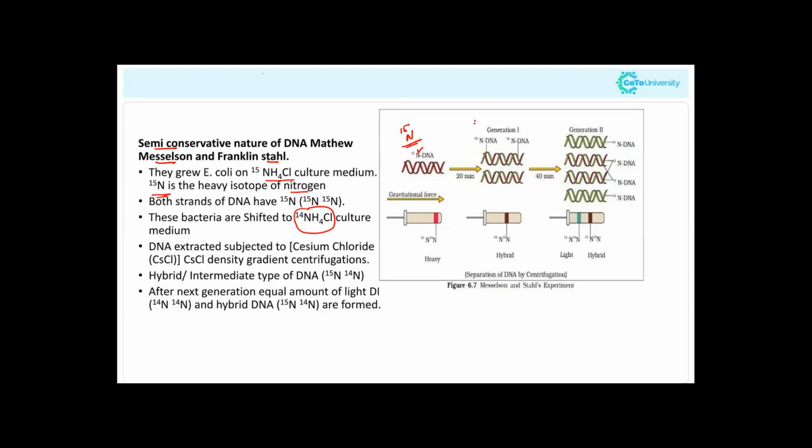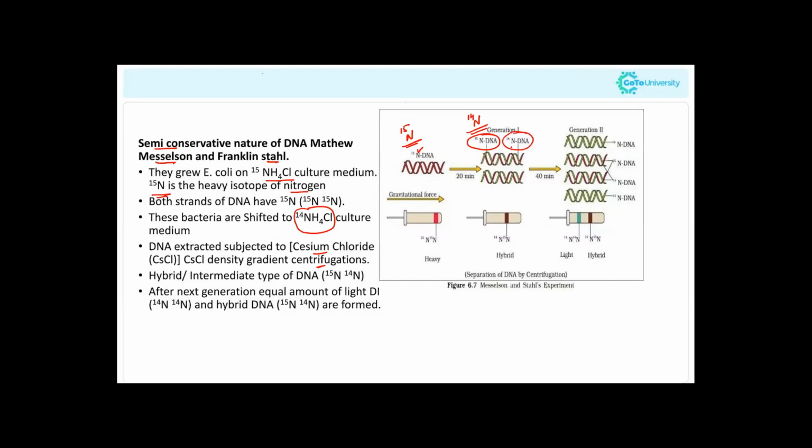Then the DNA was extracted and subjected to cesium chloride density gradient centrifugation, and they found that the DNA present was a hybrid type of DNA, or we could say intermediate DNA. You can see here it has both N15 DNA as well as N14 DNA.